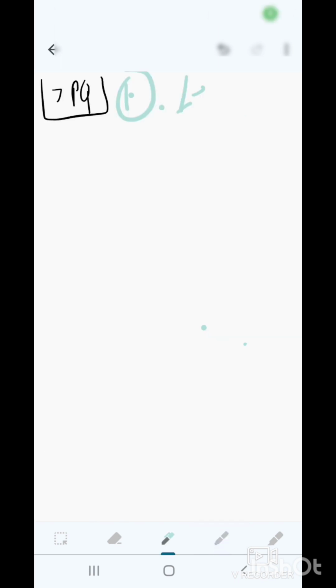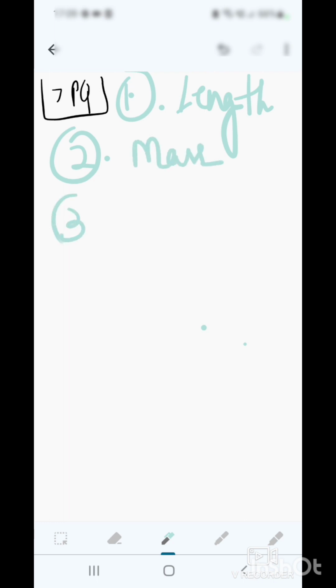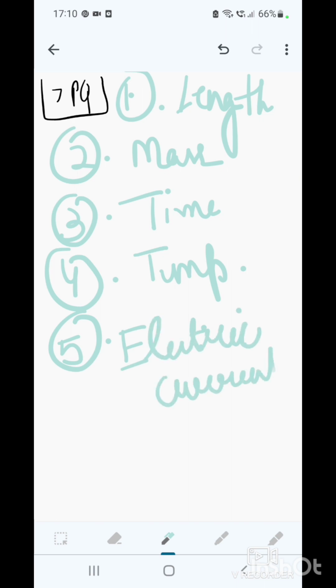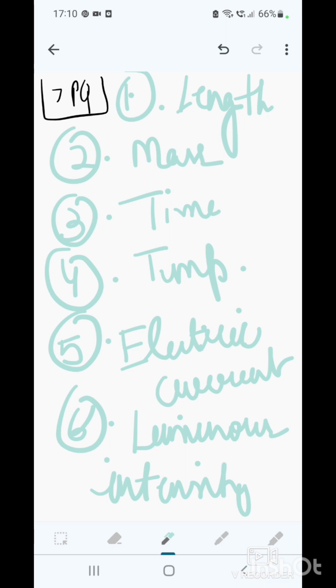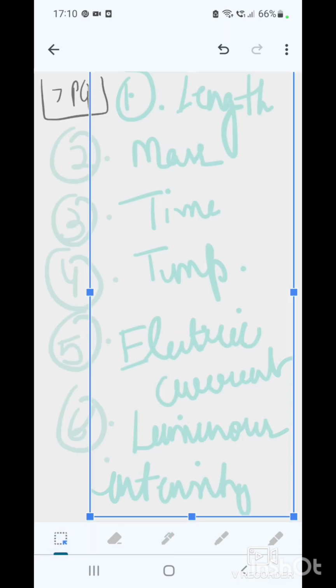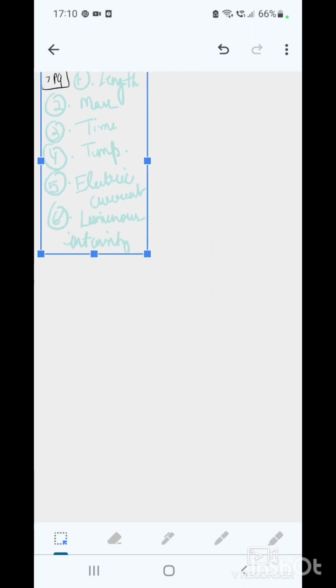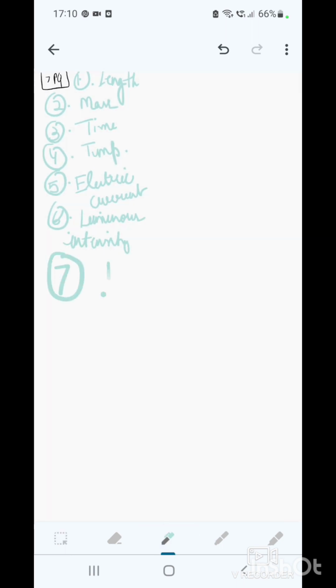Number one is length, second is mass, then we have time, after time we have temperature, and the fifth one is electric current, then the sixth one is luminous intensity, and the last one, the seventh, is amount of substance, mole.